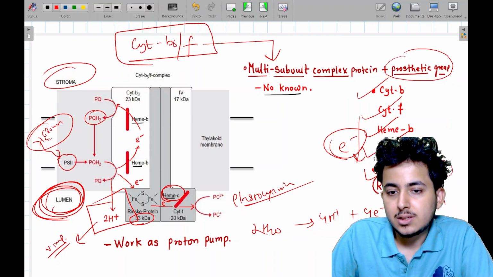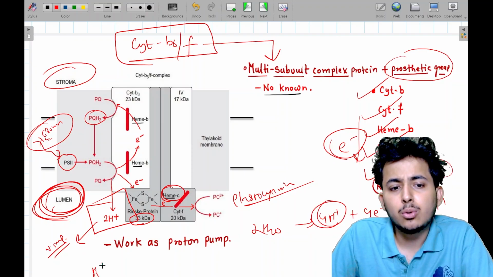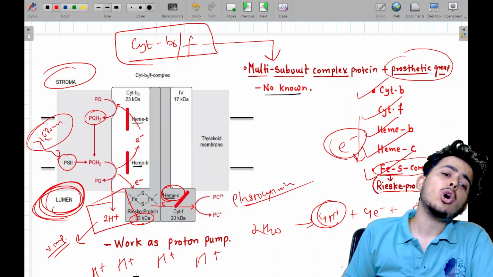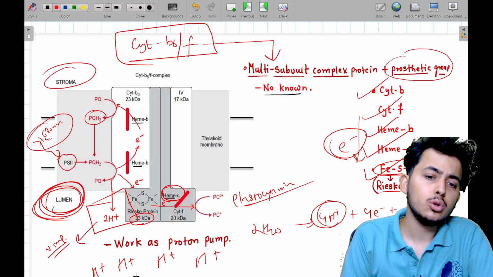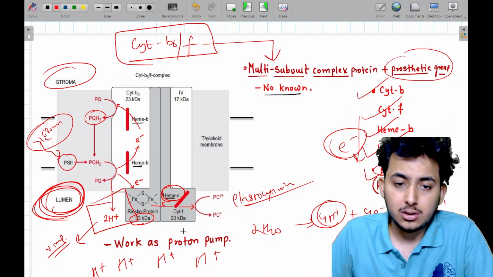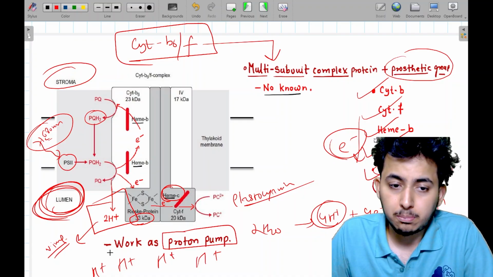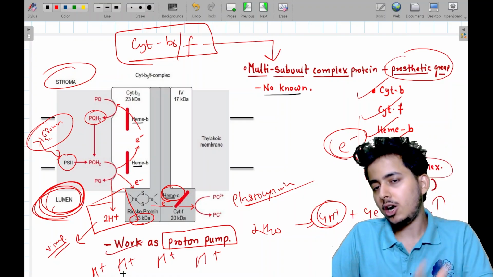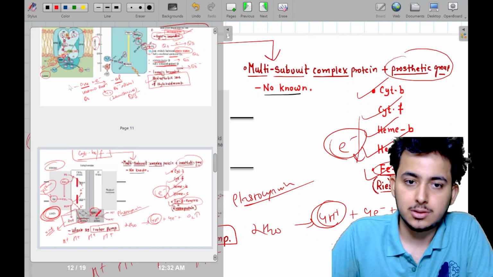So you are getting abundant protons in the lumen. There is an increase in the concentration of protons in the lumen. That's why there is a proton pump that is now working and leading to ATP synthesis, which we will see how it happens in the upcoming lectures.